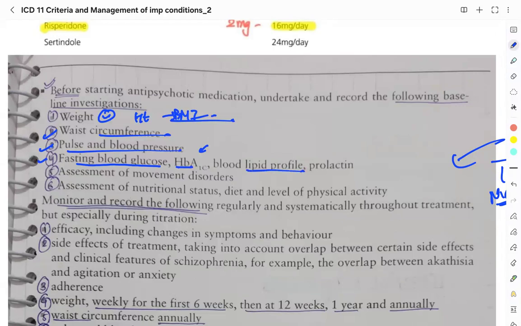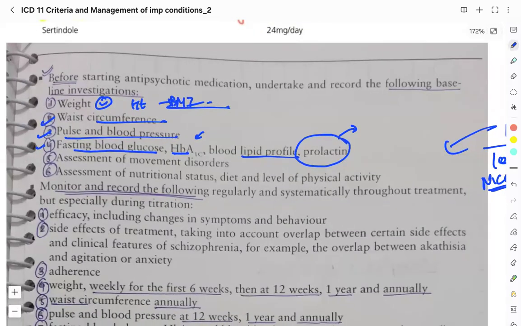You have blood lipid profiles. Prolactin is something that we don't usually do. It has a star mark here: if you think that prolactin might be increased, for example, in cases where the patient already has amenorrhea and you want to check prolactin levels, then that is when you are going to order the prolactin levels of the patient.